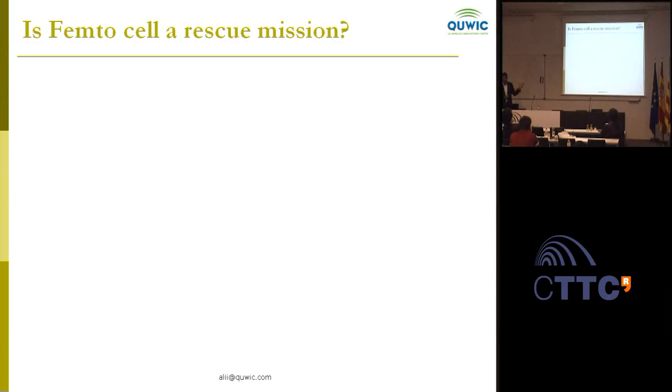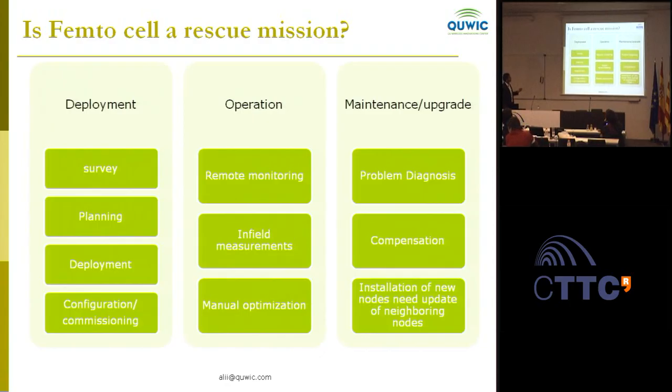And the reasons are obvious based on my previous slides. Since operators need it, vendors have to sell their equipment to operators, so they have to push the research for that, and we get money from either vendors or operators. So this is the bottleneck. Femtocells are a reality. It's a rescue mission.